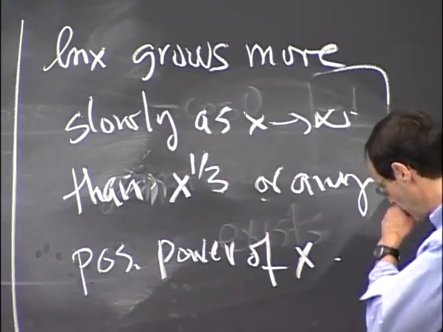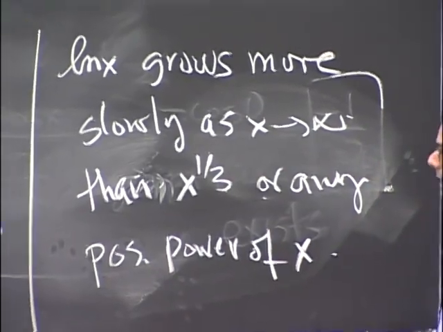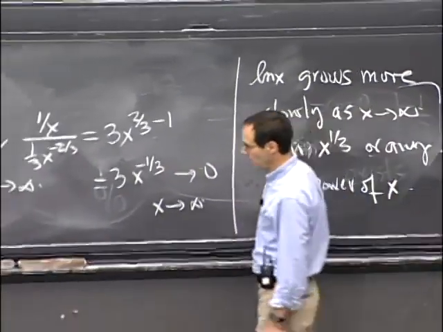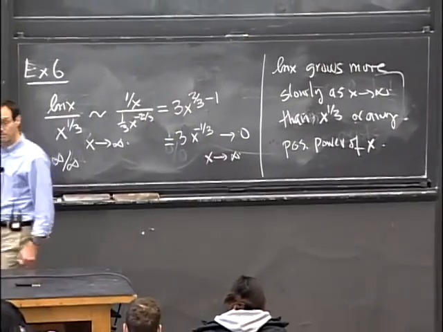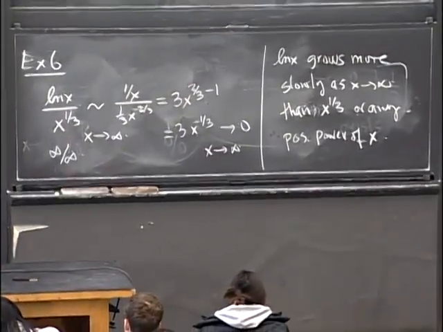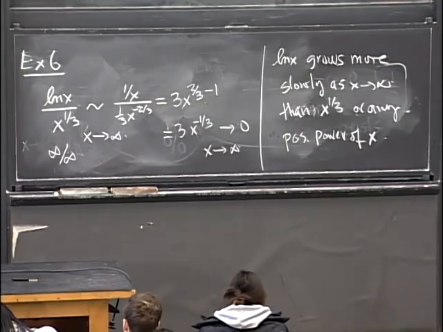Okay? So any x to the p, with p positive, will work. So log is really slow going to infinity. It's very, very gradual.